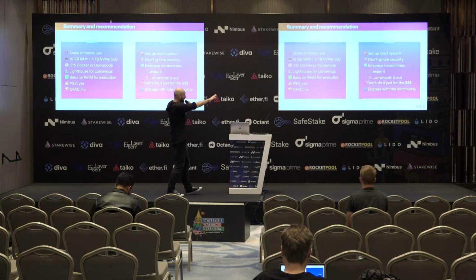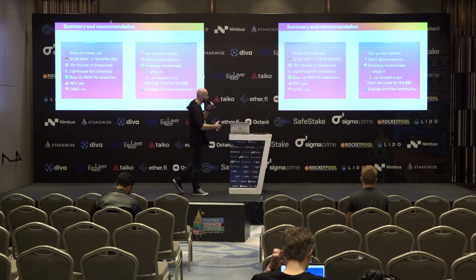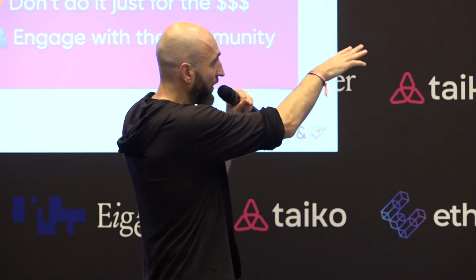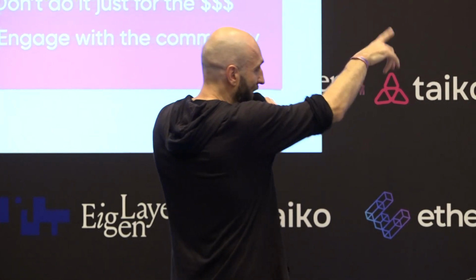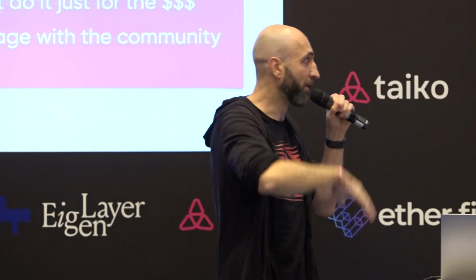And this is like one slide, summary recommendation. Stake at home, yes, stake at home, that's my recommendation. For now, 16 gigs, probably 32 is a good recommendation. Sorry, that's a mistake. And 4 terabytes, and that will keep you for probably a couple years at least.